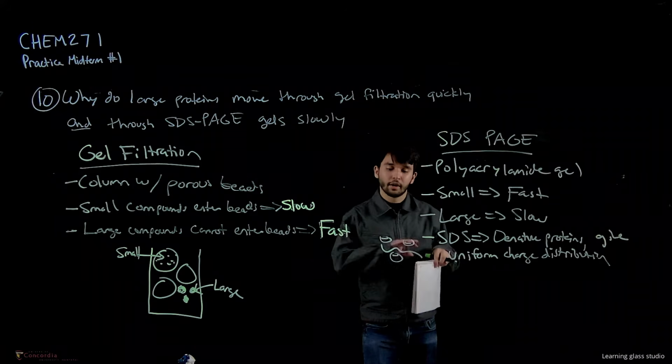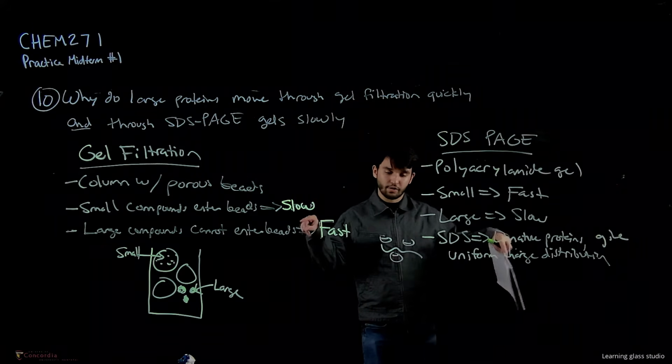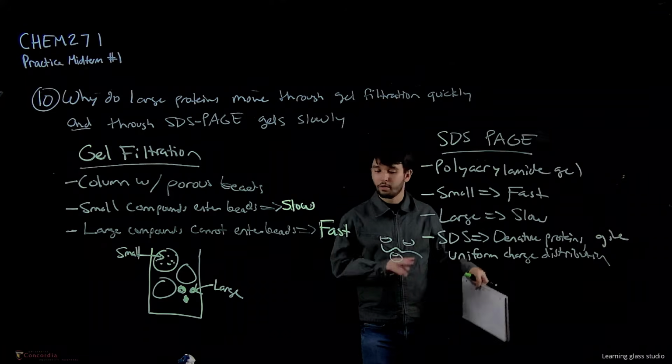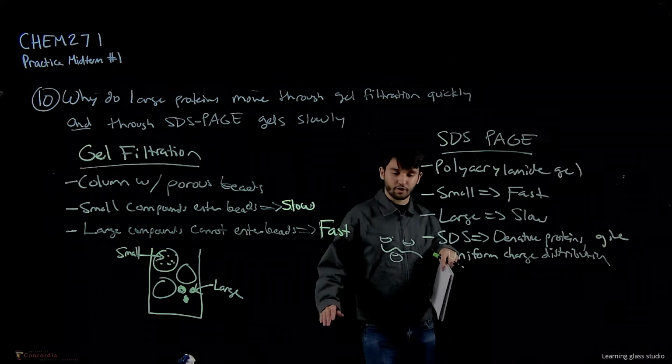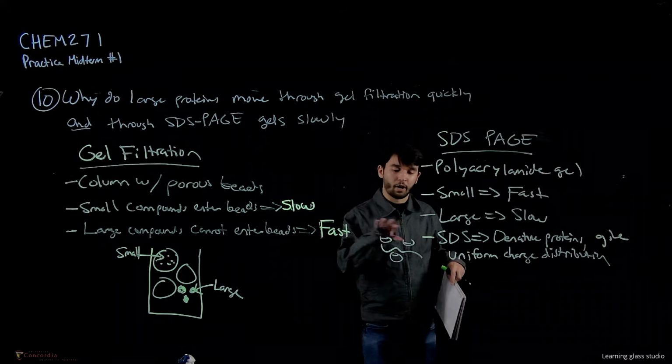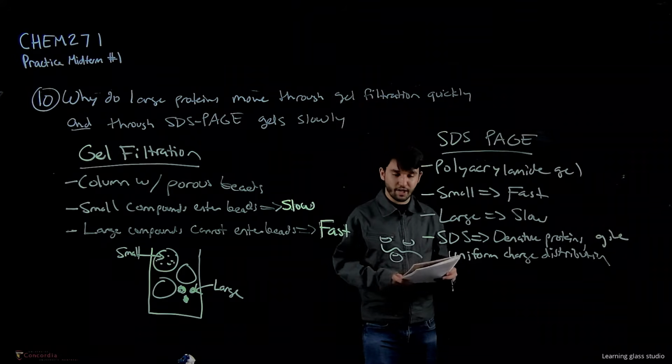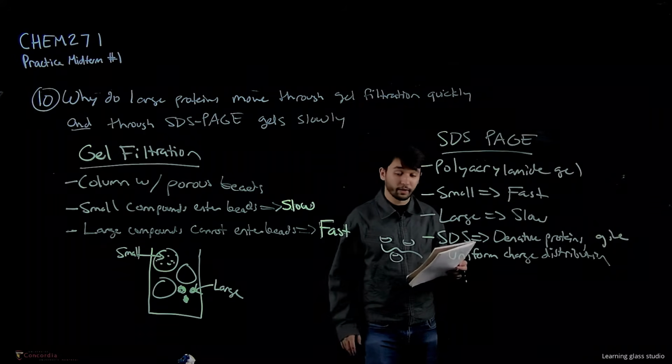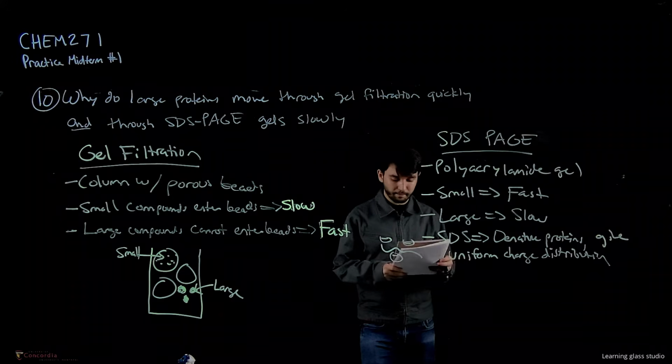So it essentially turns all proteins into a long chain, no secondary or tertiary structure, and they all have an even charge distribution. So the only thing that they differ in is their size, okay?